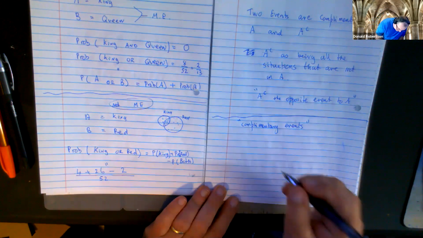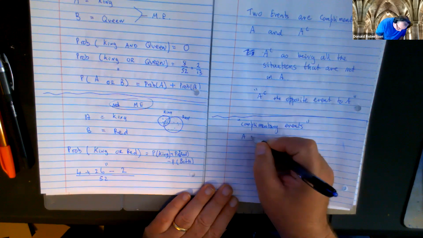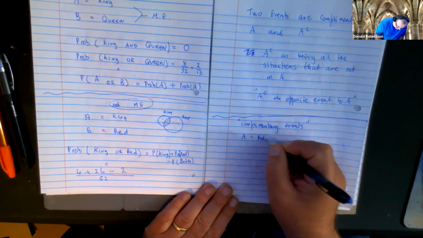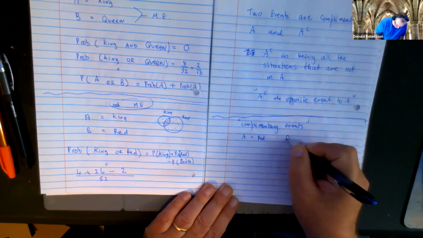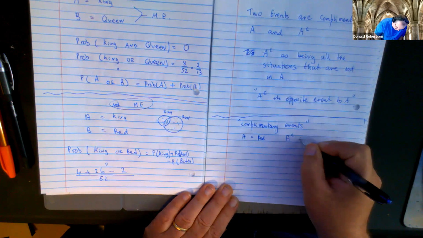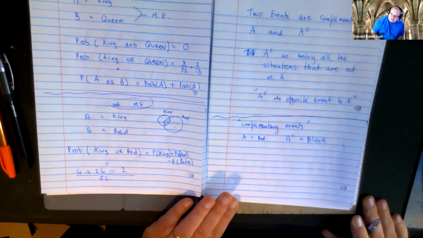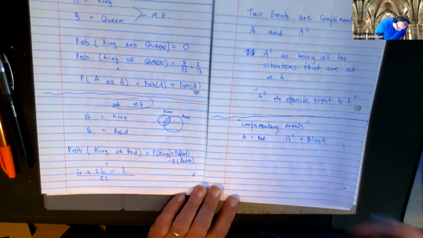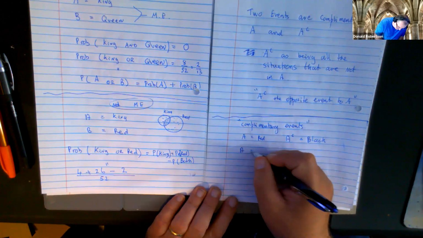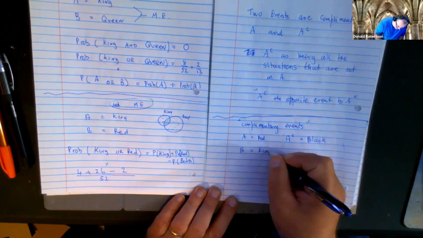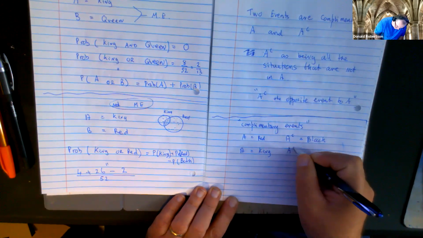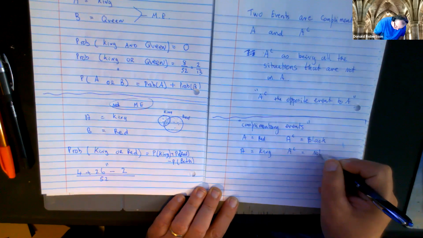So here's an example. If A was picking a red card, its complement, called AC, would be a black card. Because in a deck of cards, you're either red or you're black. If A was being a king, then the complementary event would be not being a king.